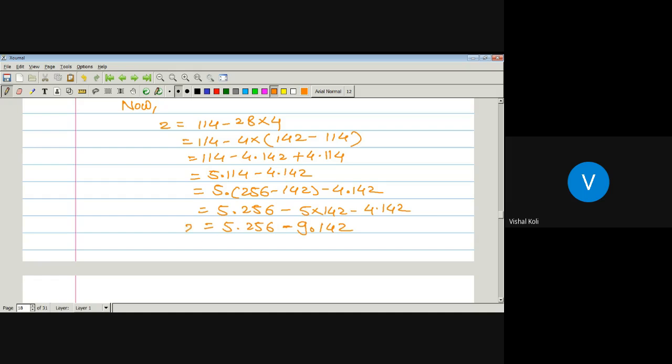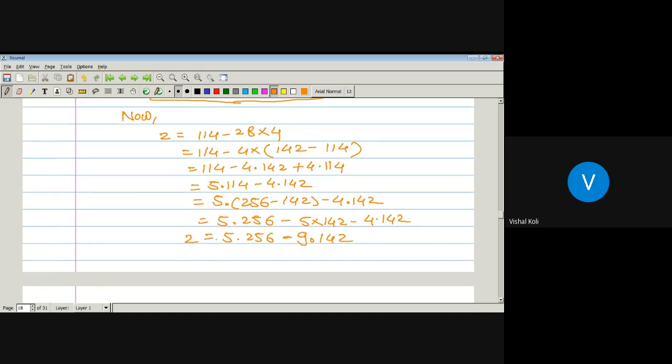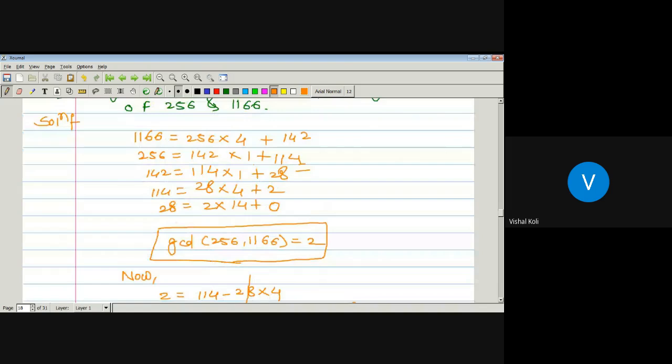Now this will be 2. Next, what should be the value here? 142 is nothing but 1166 minus 256 into 4.